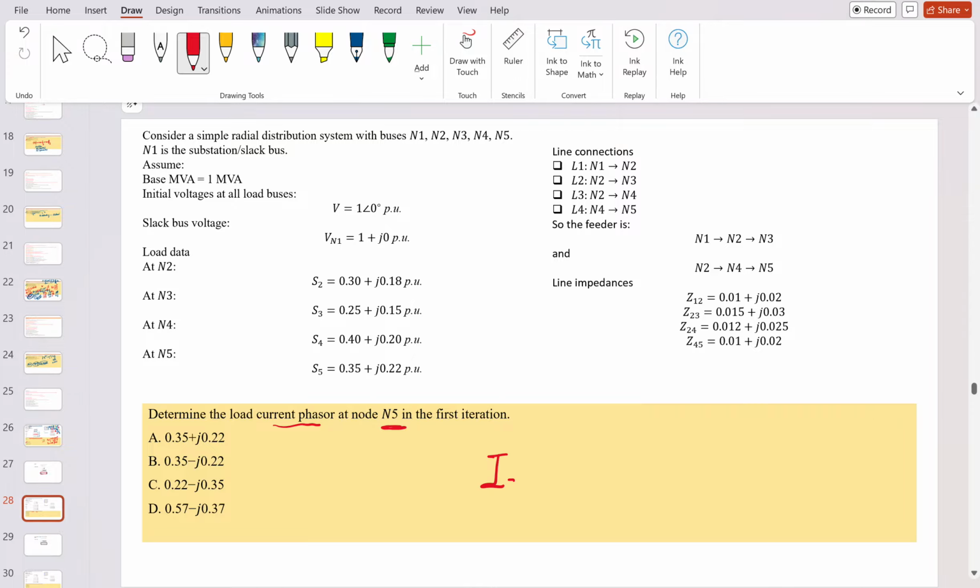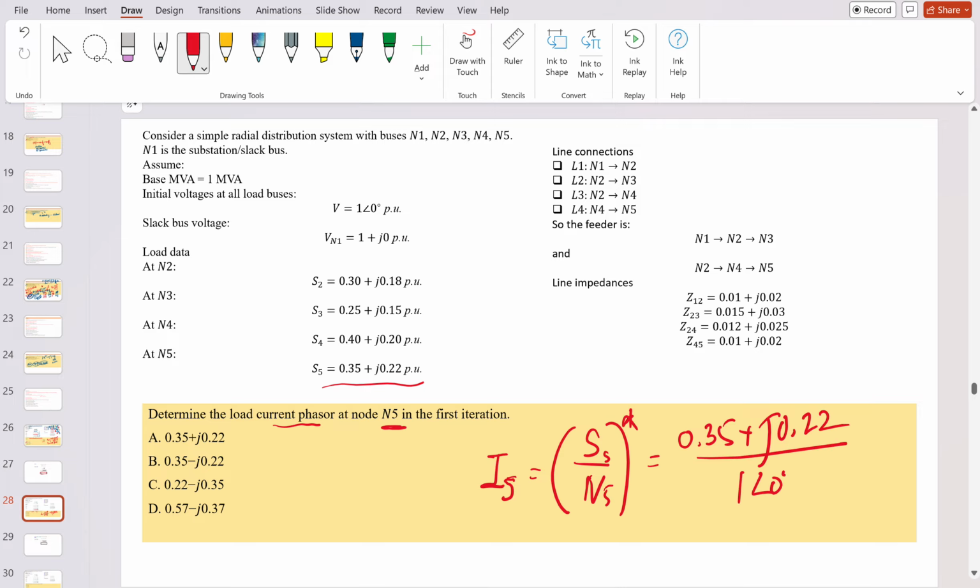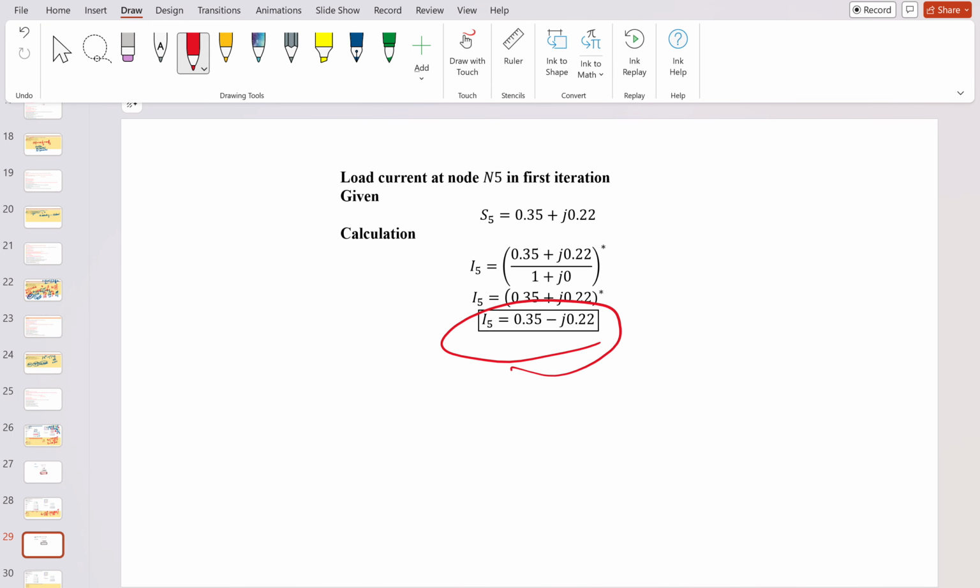The current at node 5 will be S5 divided by V5 conjugate. S5 is already given, the load is 0.35 plus j 0.22, divided by 1 angle 0 degrees conjugate. So it will be 0.35 minus j 0.22. Okay, that is correct.